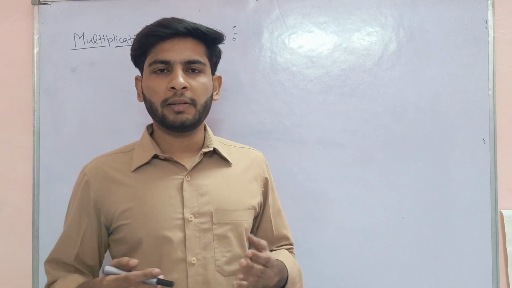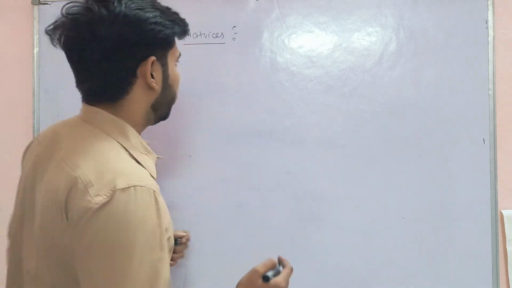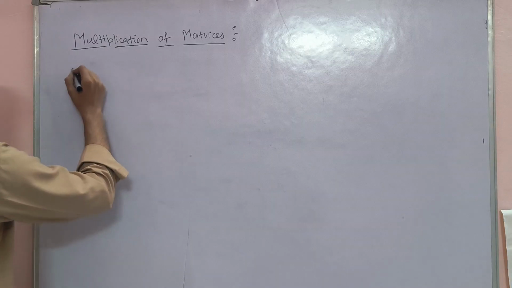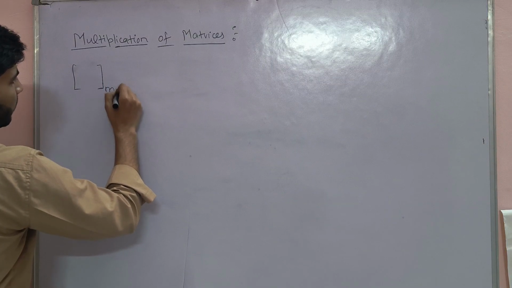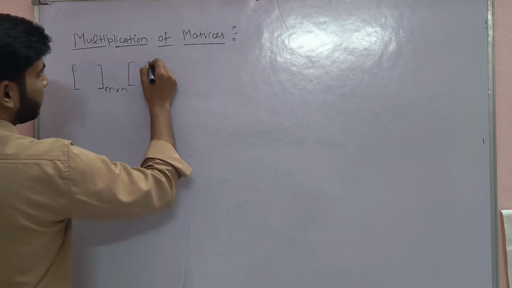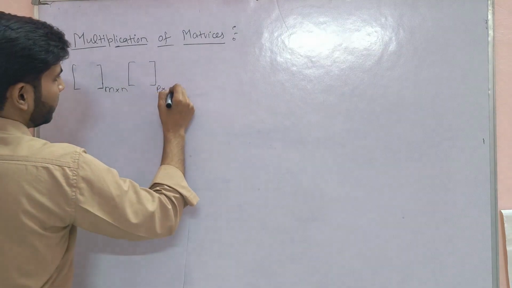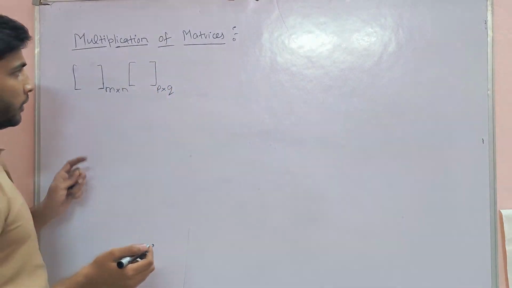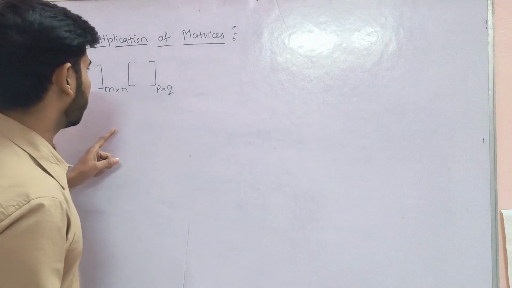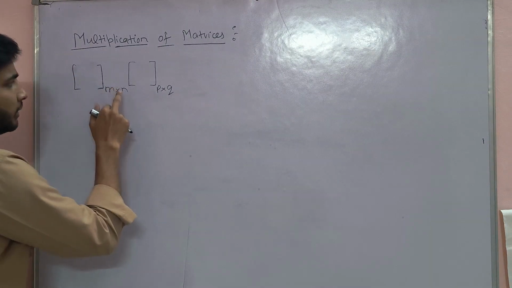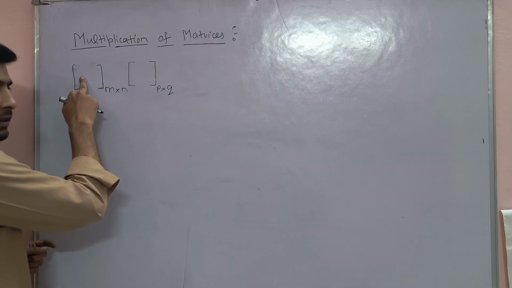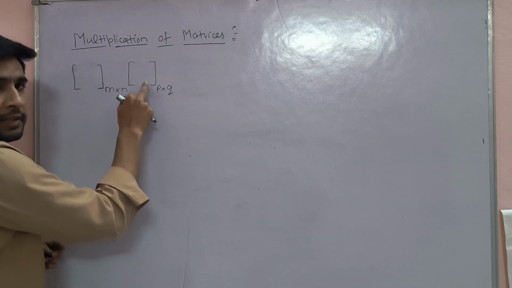Now we will see the multiplication of matrices. So we understand this with the help of an example. We have a matrix of order m cross n and another matrix of order p cross q. If we want to multiply these matrices, we can only multiply them when the number of columns of the first matrix is equal to the number of rows in the second matrix.